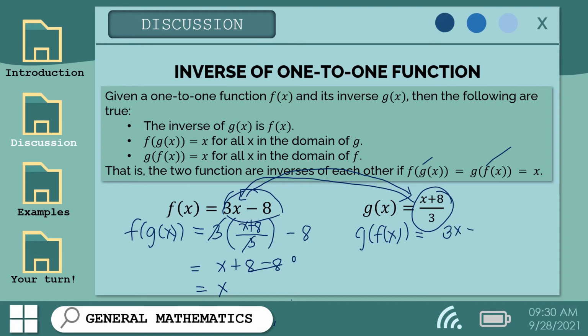So, palitan na natin, over 3. Kung mapapansin niyo po dito, combining like terms, negative 8 plus 8 is 0. Ang natitira na lang po is 3x over 3, at 3x over 3 is equal to x. Ibig sabihin po, itong f of x at itong g of x are inverses of each other, since nasatisfy niya po na both ng kanyang composition sa isa't isa, ang x po ang kakalabasan. Okay?